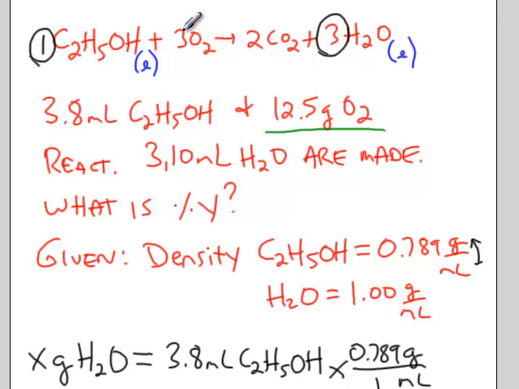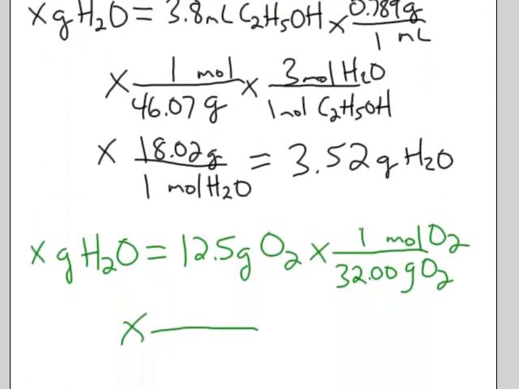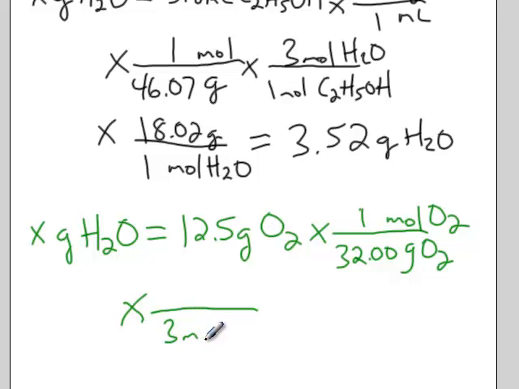Then we need the mole to mole ratio. In this case it's a 3:3 ratio. Three moles of oxygen produce 3 moles of water.